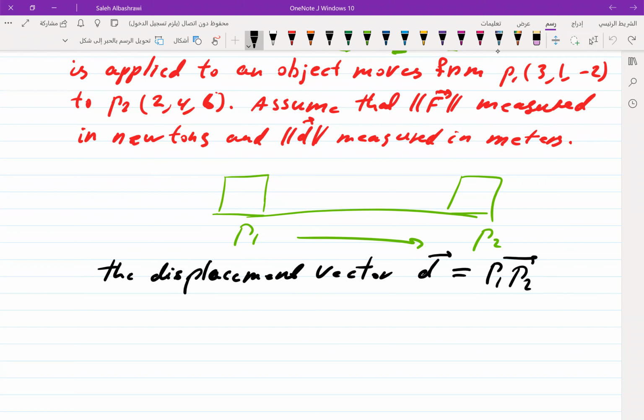As we did before, to find the vector in this case, it is the terminal point minus the initial point. So D is equal to (x2 minus x1, y2 minus y1, z2 minus z1).